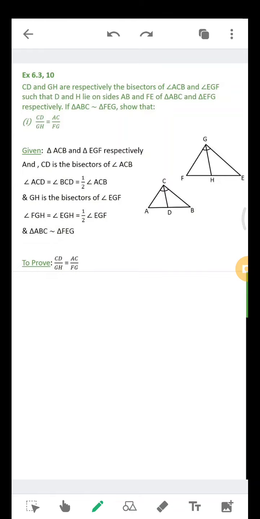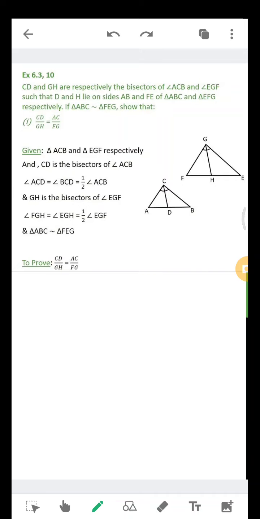So let's write what's given first. Triangle ACB and EGF respectively, and CD is the bisector of ACB. So when CD is the bisector, I can say ACD is equal to BCD. These two angles are equal to half of ACB, and GH is the bisector of EGF.